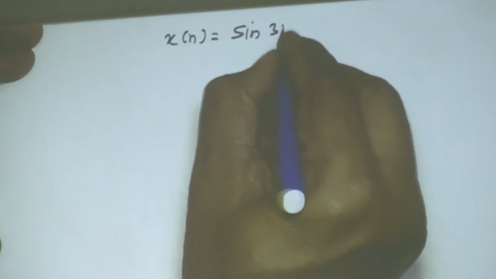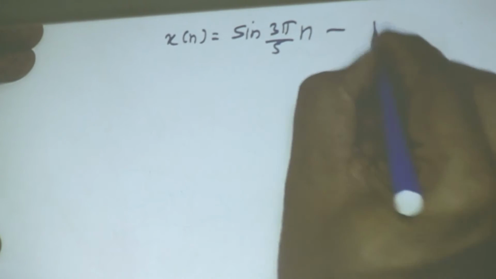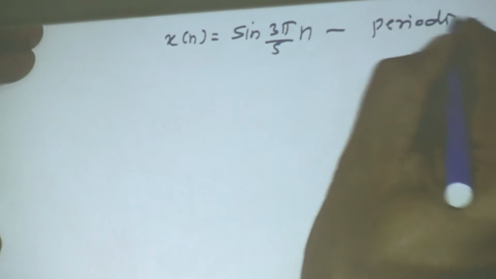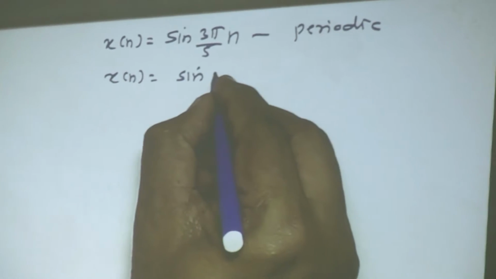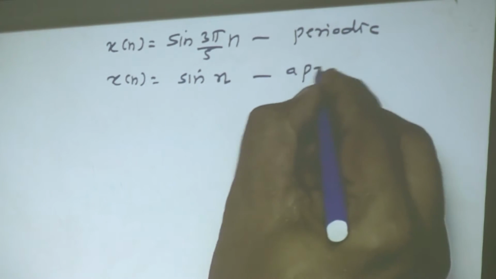So one example of a periodic signal: x of n is equal to sine of 3 pi by 5 n. On the other hand, if I write x of n is equal to sine of n, it is an example of an aperiodic signal.